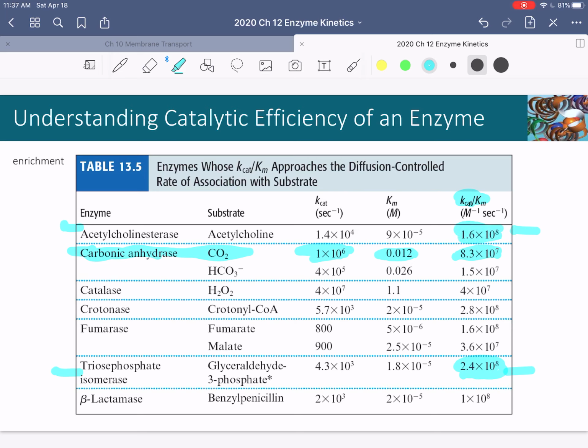Don't memorize these numbers. I'm just showing you how it's not enough to have just a good Km.